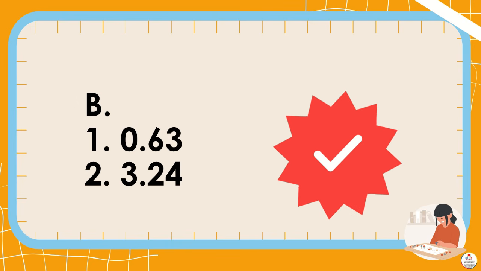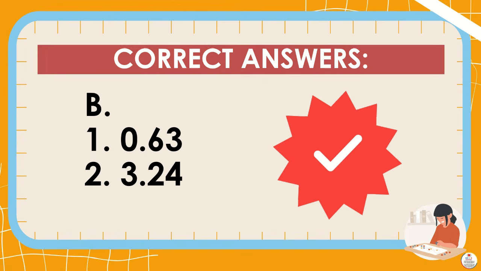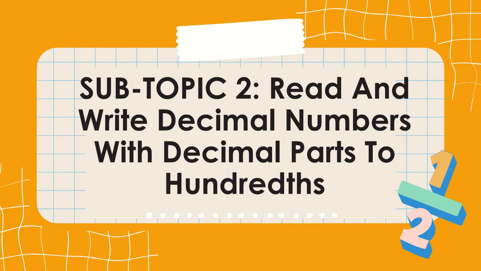For letter B, number 1 is 63 hundredths and number 2 is 3 and 24 hundredths. Read and write decimal numbers with decimal parts to hundredths.